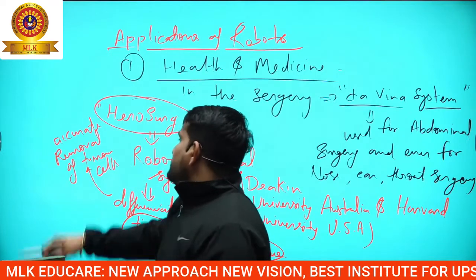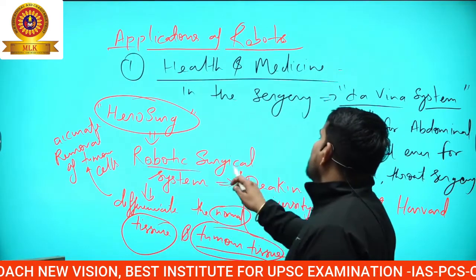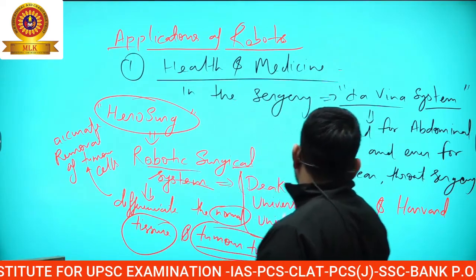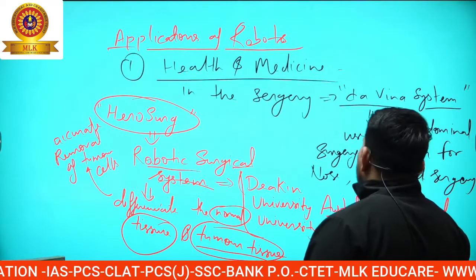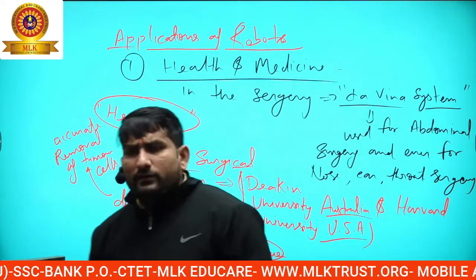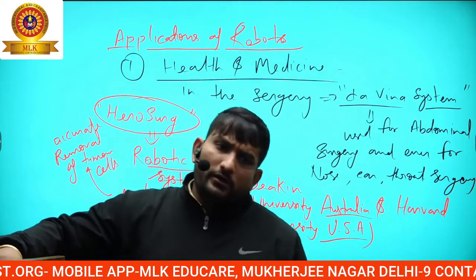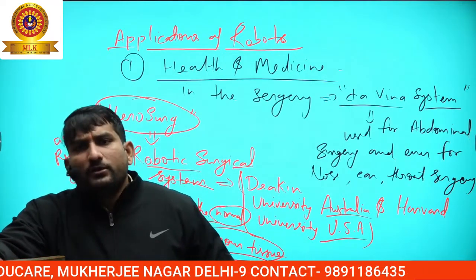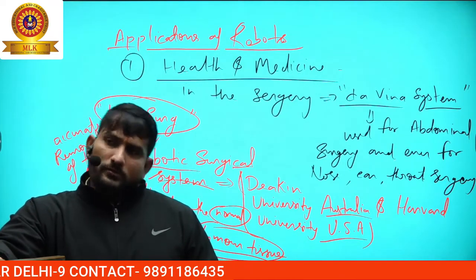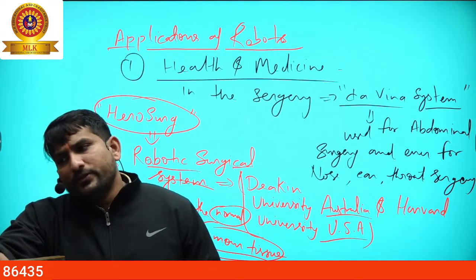So Hero Surge is a robotic surgical system developed by Australia and the USA. The two universities are here, Deakin University and the Harvard University. Harvard सब जानते हो, Deakin भी सब जानते हो. These are top listed universities of the world. They actually jointly developed the Hero Surge.